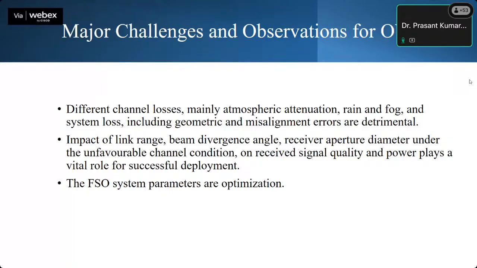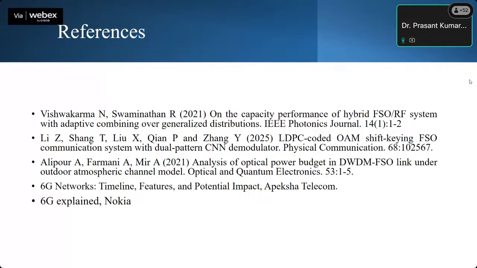As I said, it is the atmospheric effect that is going to affect the SNR. Once the SNR degrades, that will automatically downgrade your channel capacity. So we need to work out the mechanisms by which we can mitigate these atmospheric related problems. And finally, the FSO system parameter optimization is also highly essential for its deployment.